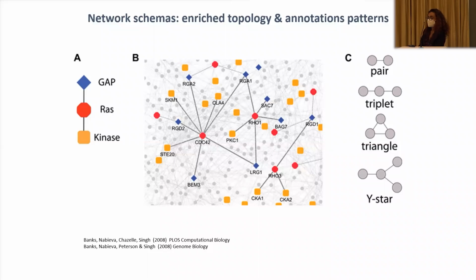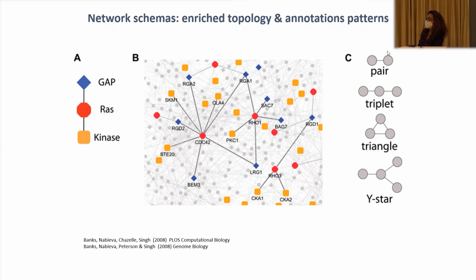But you can look at higher order combinations as well. You can look at pairs to start, triplets as we just talked about. You could look at triangles, which maybe help capture complexes. And you can look for branching decisions, which we call Y stars. And so you can ask, if you look at a large-scale biological network, do any of these network schemas tend to be enriched within them?